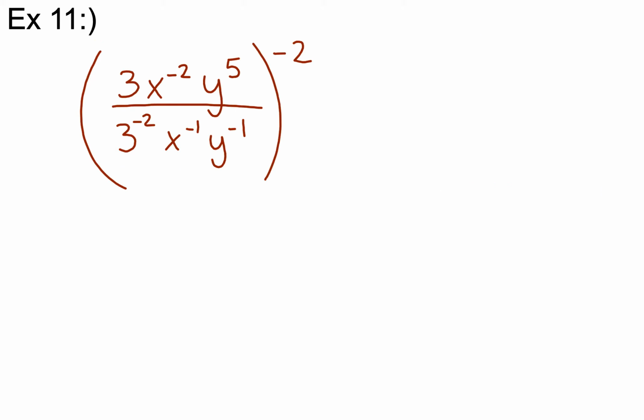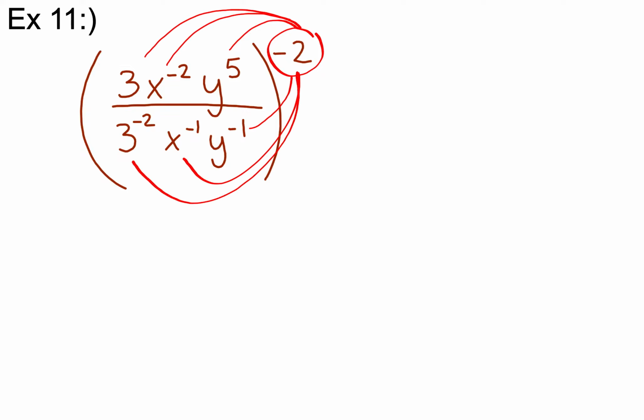Okay, last example. This one's kind of a doozy, but we get to use all of our exponent rules here. We need to distribute this to every power within the parentheses, top and bottom. We could simplify what's inside first, but let's just distribute this. 3 becomes 3 to the negative 2.